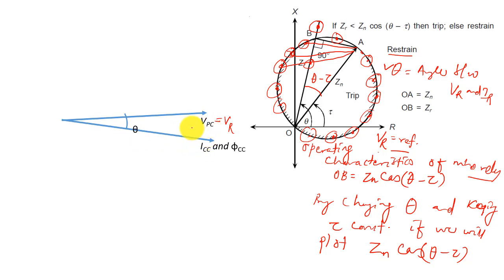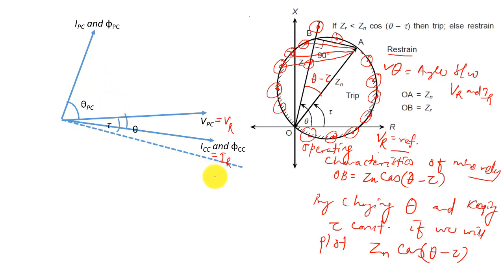We are considering here the directional relay. Similarly, if I plot IPC, the current flowing in the pressure coil, it is making an angle of theta PC.